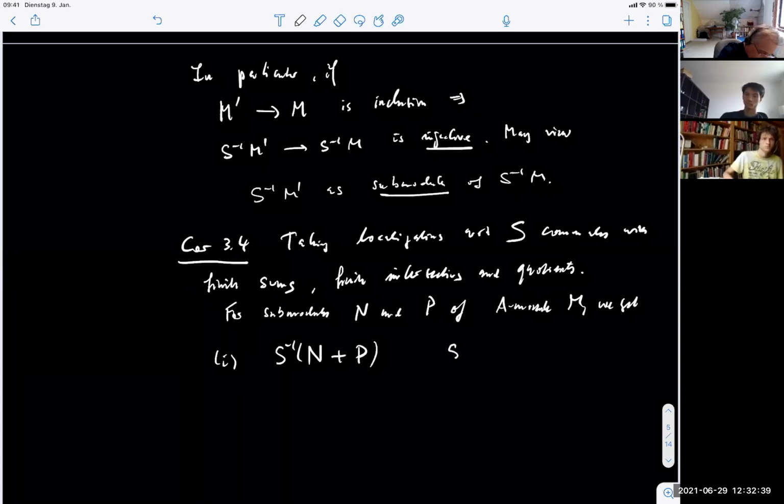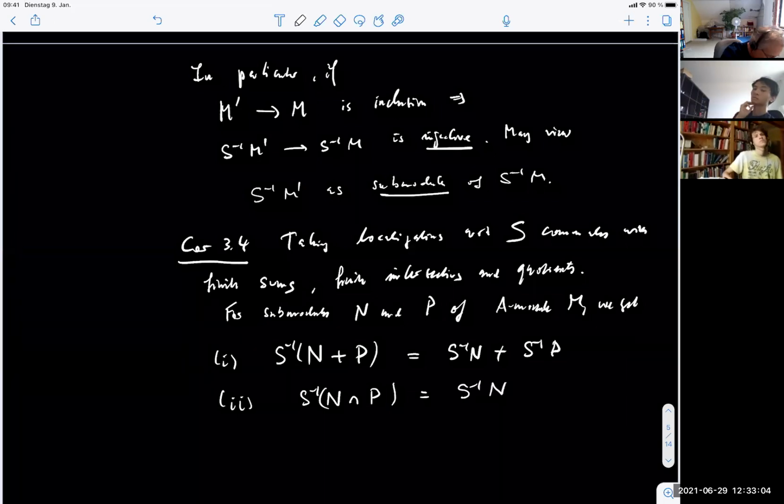On the other hand, I can localize N and P, view them as submodules, take the sum, and the claim is this is equal. Or intersection, same thing. You intersect, you localize. This is set theoretically the same as this.